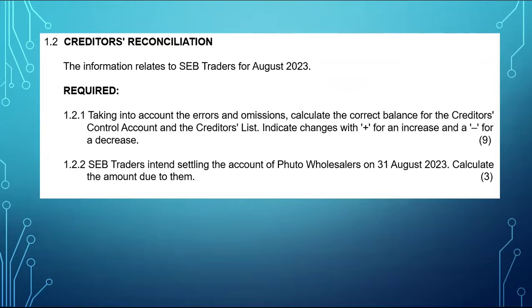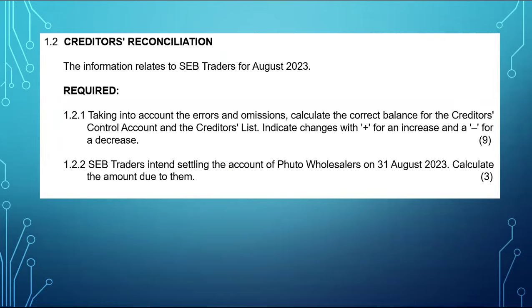Creditors reconciliation statement works exactly the same as the bank reconciliation statement. But here it's all about comparing your creditors control with your creditors list more than anything. And this could have been due to comparison between your creditors list and creditors statements or debtors ledger from the creditor.